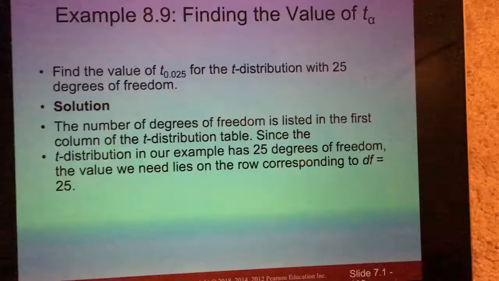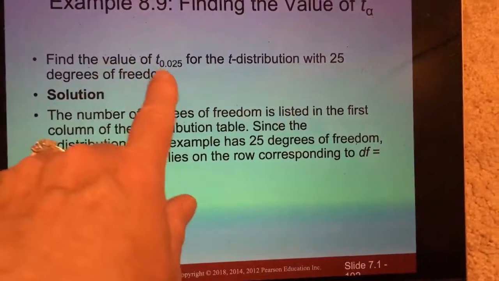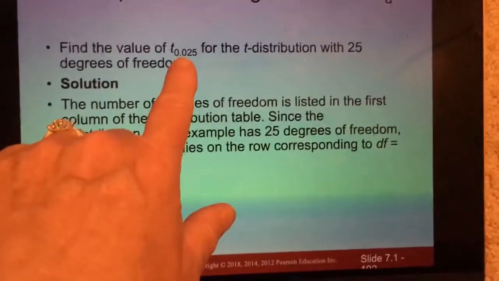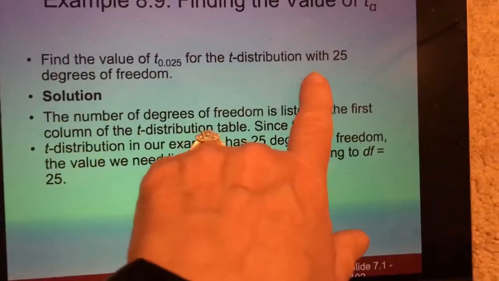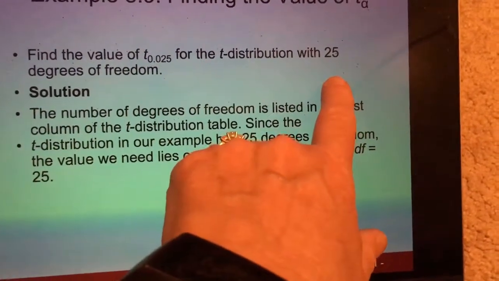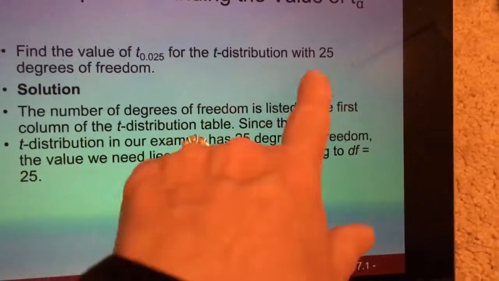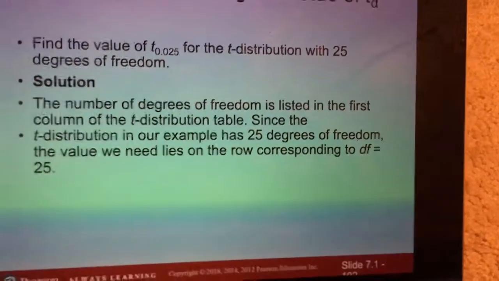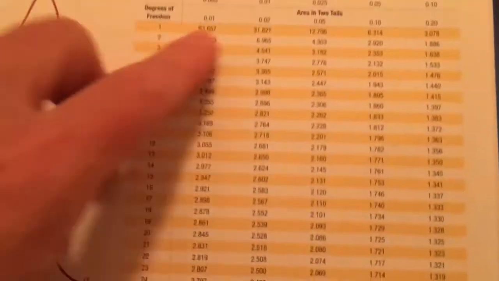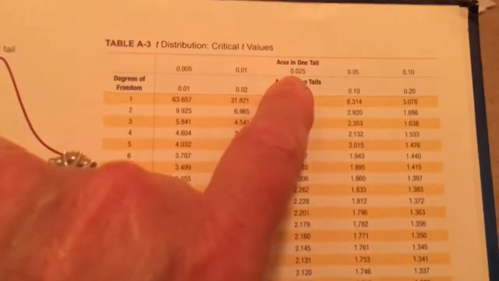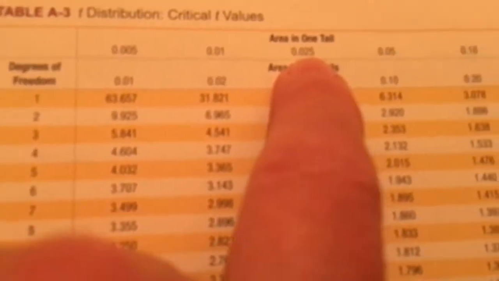But here's your student t, and we're going to do 0.025 to the right. So now what we're looking at is t 0.025 with 25 degrees of freedom, which means the sample size must be 26 because they're giving us the degrees of freedom. Over here is our area in one tail, 0.025, and that's the one they gave us.